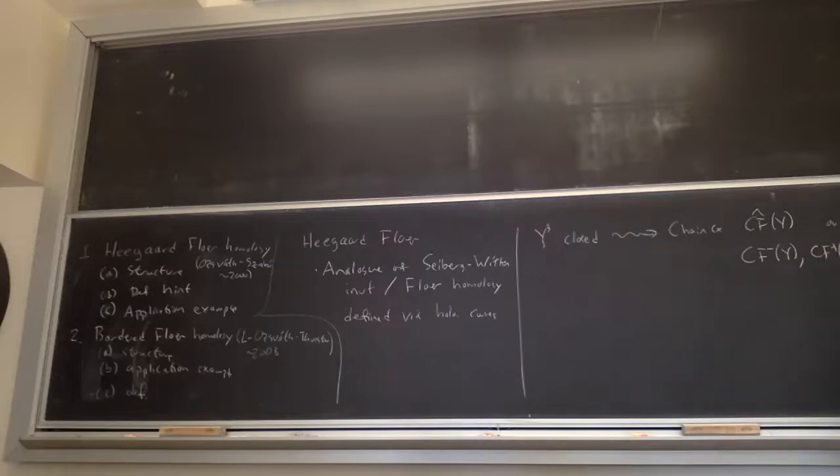There are others over Z[U], a polynomial ring. And if you have a chain complex, then you also have its homology. So it has homology, HF hat of Y, or HF minus of Y.